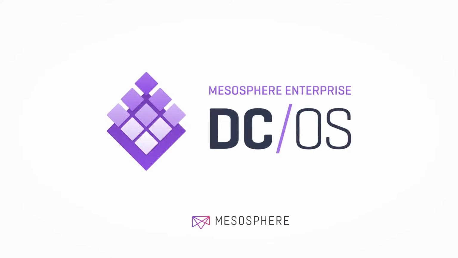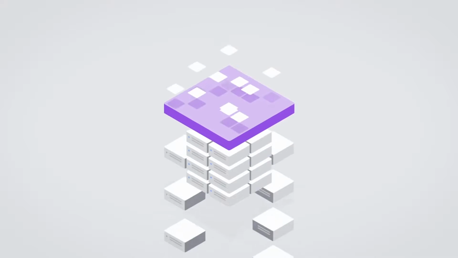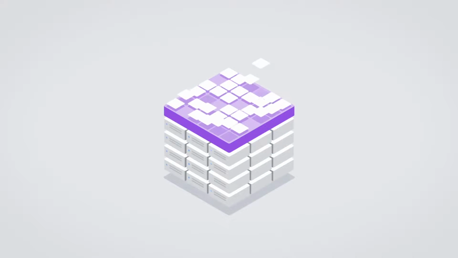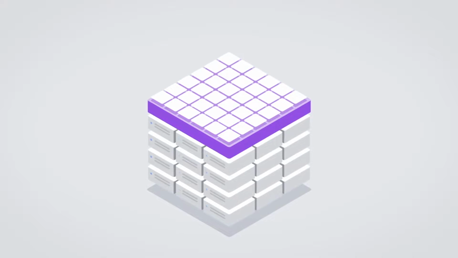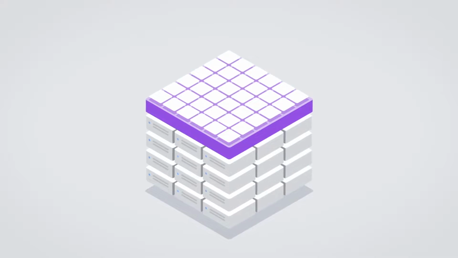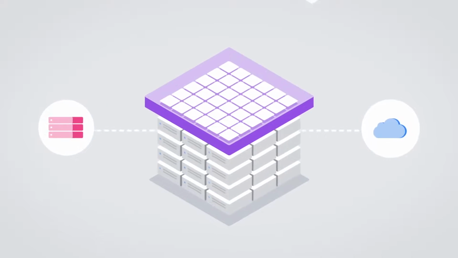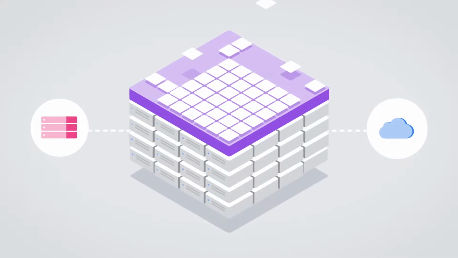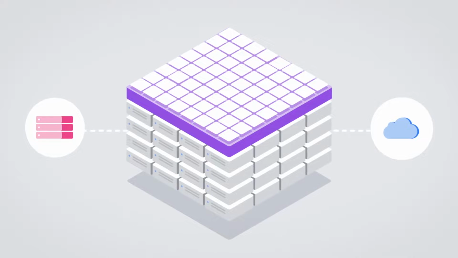Mesosphere Enterprise Data Center Operating System, DCOS, makes running modern apps as easy as using a single computer, providing a unified platform for running distributed systems of containers and big data services elastically. Enterprise DCOS powers modern enterprise apps on-premises and in the cloud, allowing you to manage tens to thousands of machines from anywhere with greater efficiency, speed, reliability, and elasticity.